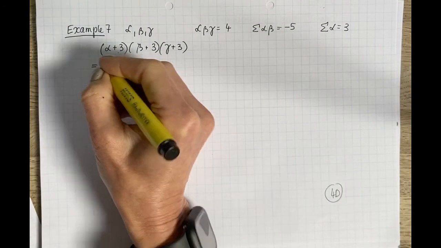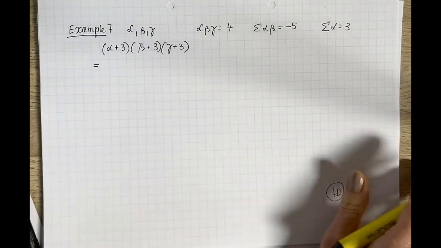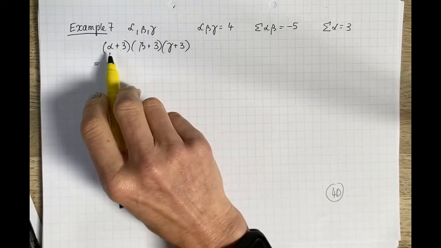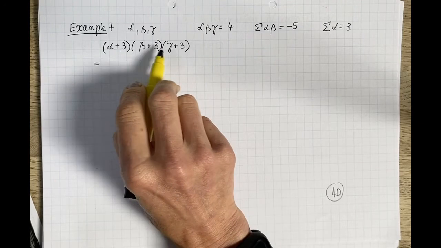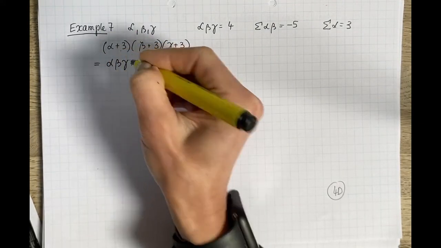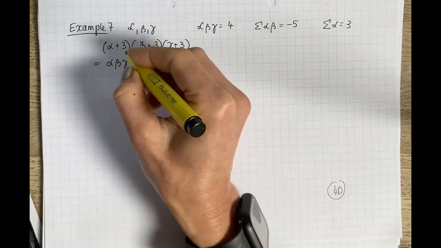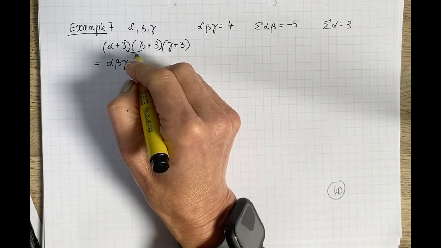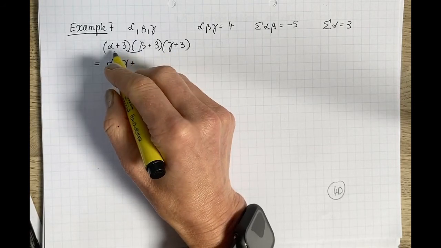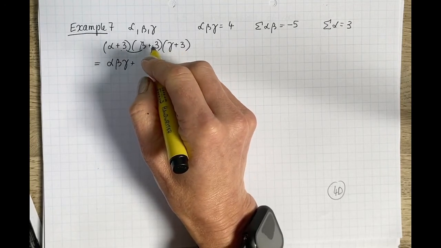So clearly we want to multiply it out. I'm just going to multiply it out in a quicker way than just expanding 2 brackets and multiplying it by 3 brackets. So you're going to get alpha beta gamma, plus 3 lots of beta, then 3 lots of gamma, then 3 lots of alpha.